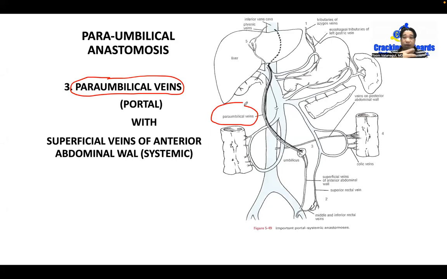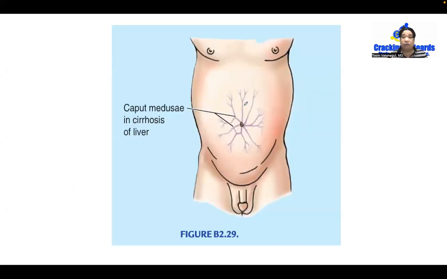So what condition do you see on physical exam if there is portal hypertension and there is now varicosities of the para-umbilical veins? What is that medical condition? That is what we call caput medusae. So this is how caput medusae looks like.